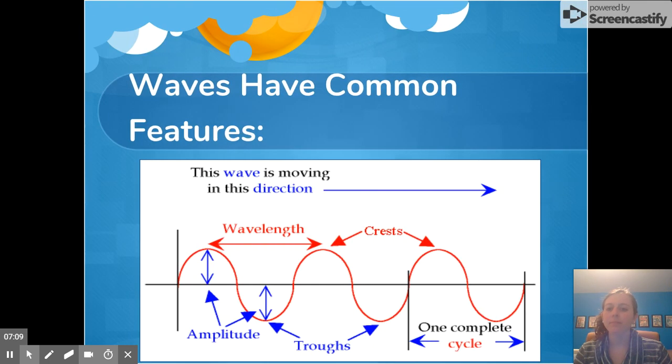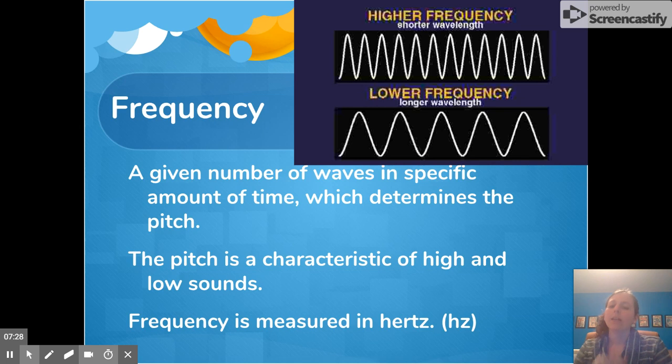Moving on. Okay, waves have the same basic things in common, whether it's a transverse wave, like light, or a longitudinal wave, like sound. So you've got your wavelength, your crest, your amplitude, your trough. All waves have these things, including frequency. Frequency, remember, is the number of waves in a specific time. When we're talking about sound, that determines the pitch. Let's think about a pageant queen.